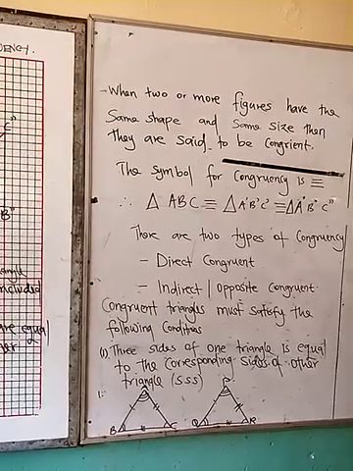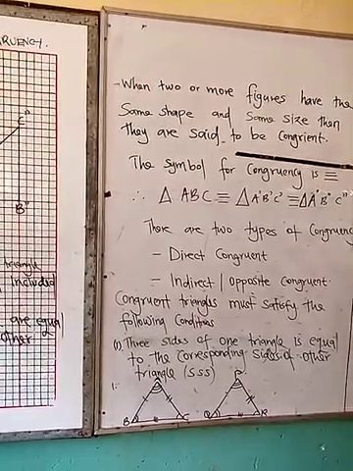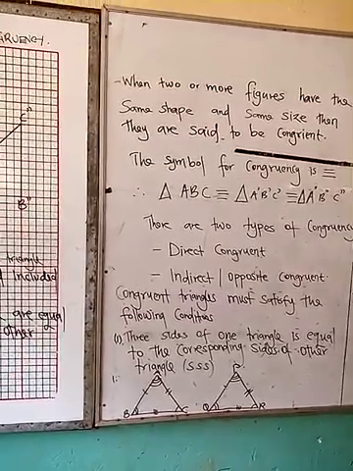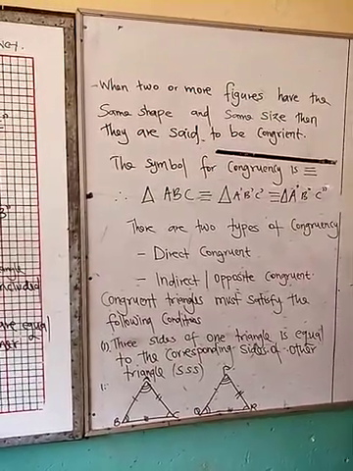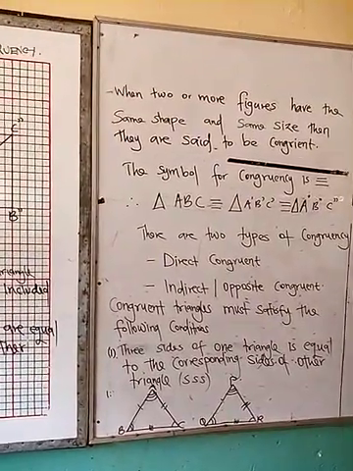So when we have two angles being equal, then definitely the third angle must be equal. And that confirms that those two triangles are similar. Therefore, they are said to be congruent triangles.